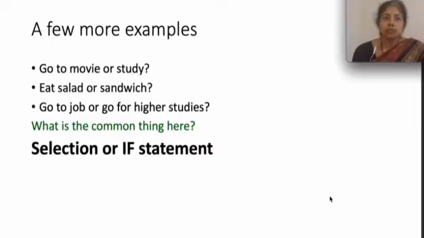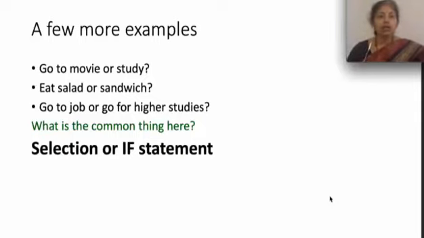So, a few examples. If you want to go to a movie or study, a decision is to be taken. If you want to eat salad or a sandwich, a decision is to be taken.